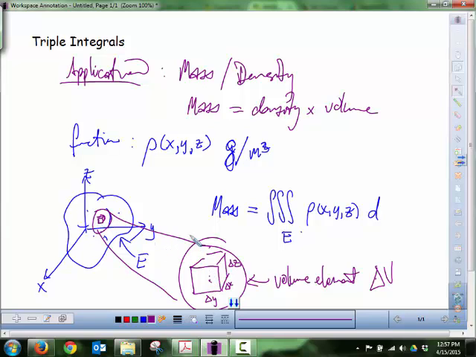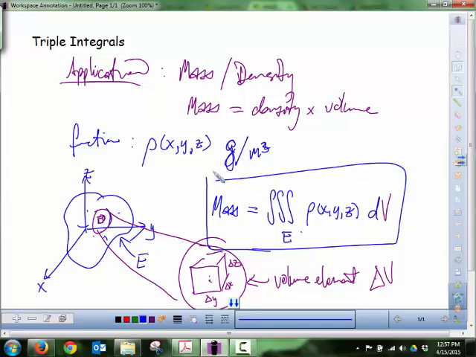Then I would add up a whole bunch of blocks as my x, y, and z change, and so my delta V becomes a dV. So this is an example of a triple integral where it would be useful to be able to calculate triple integrals. A physical example. Okay? So you don't have to ask, what's that good for?